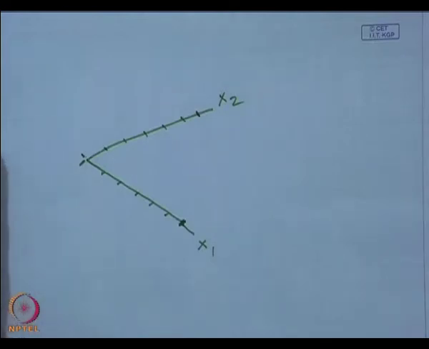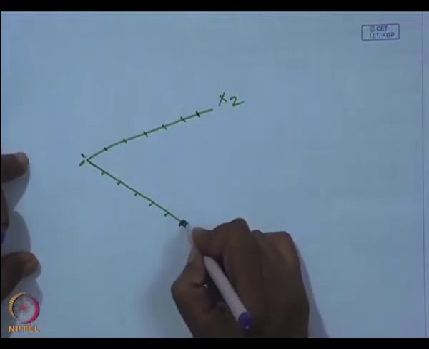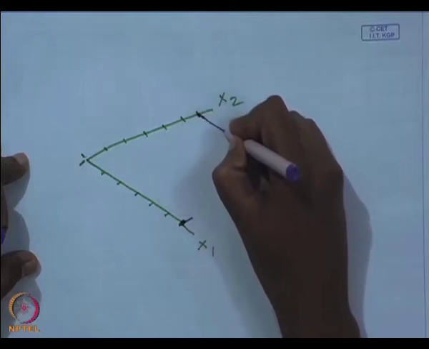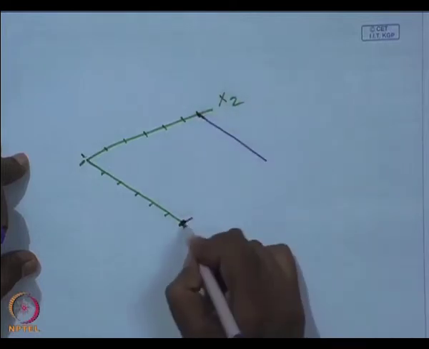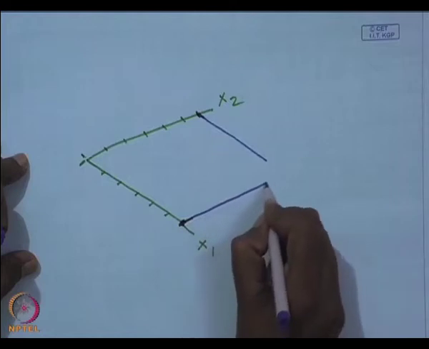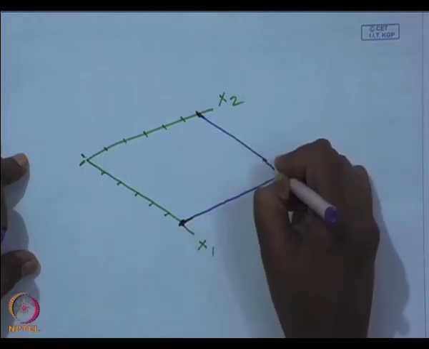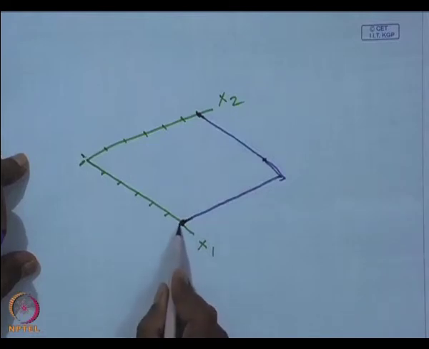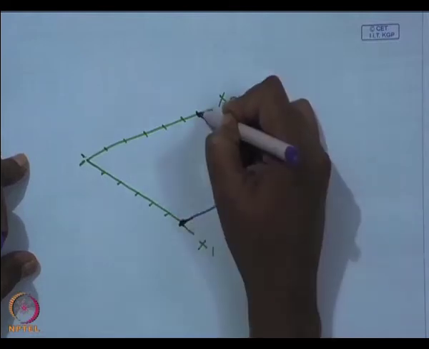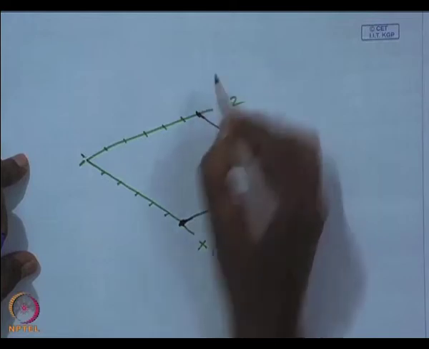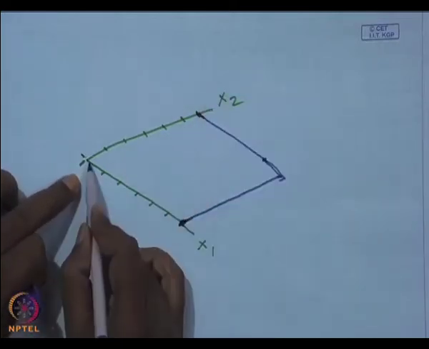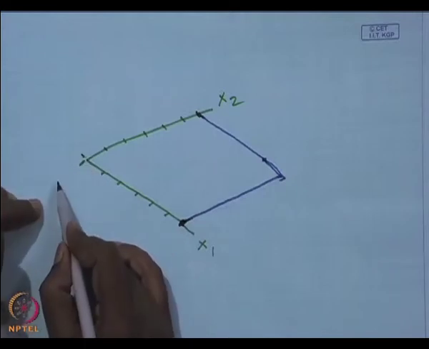So, effectively what we are doing is this limited, bounded space defines the range of x1, x2, because I cannot have any value of x1 greater than this, any value of x2 greater than this, any value of x1 less than this, or any value of x2 less than this.